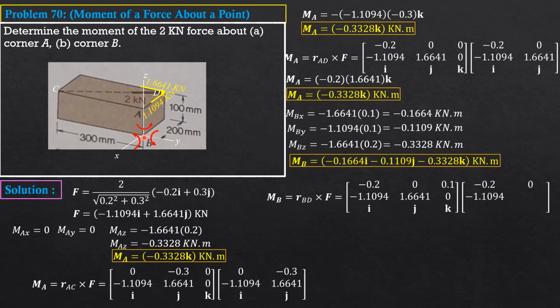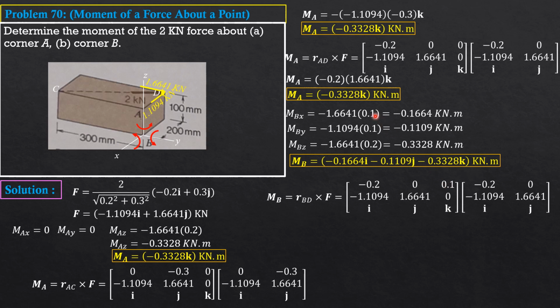The position vector BD is negative 0.2 I and positive 0.1 K, 0 along Y. So negative 0.2 I, 0 along J, then 0.1 positive along Z. Then components of force, unit vectors, copy the first two column elements, then expand. Along I we have minus 1.6641 times 0.1.